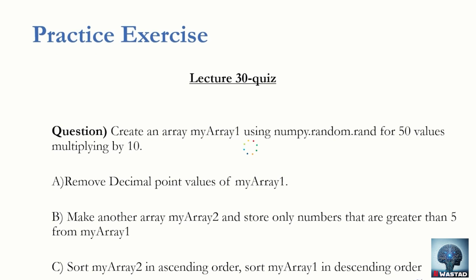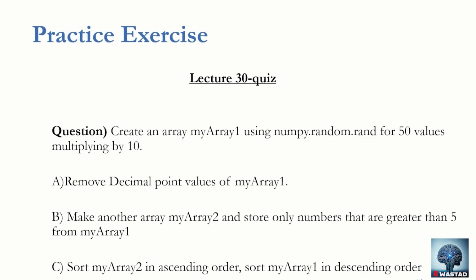Welcome back, guys. So here's another quiz for you. Create an array myArray1 using numpy.random.rand for 50 values, multiplying by 10. It's the same way that Kashif has done, multiplying it by 10, if you saw the video.